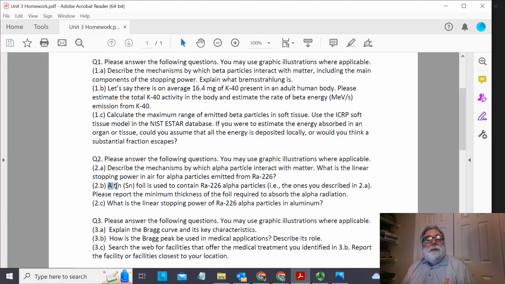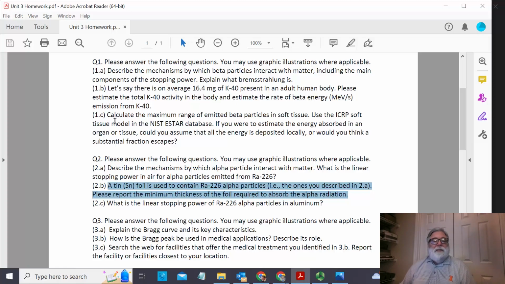Next question. If we use a tin foil with alpha particles, what's the minimum thickness required? So we want the range of the alpha particles in tin. Now, in the lecture, we had some formulas that allowed us to relate the range in different materials. If we know the range in air, that is one way to do it.